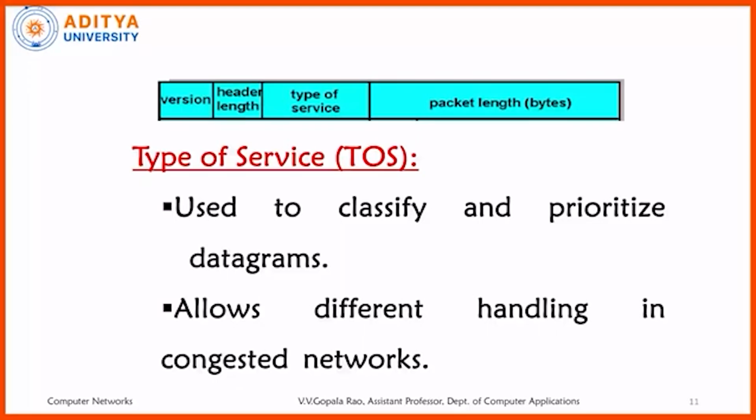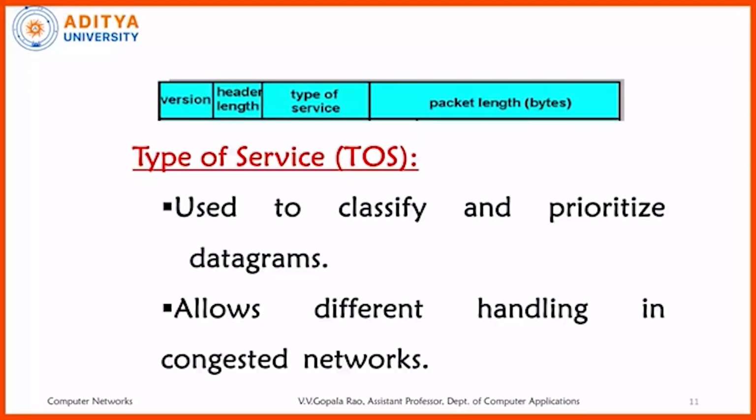Suppose you want to know, if I follow this particular IP version 4 frame, as far as the link and the frame are concerned, how far I am able to rely on it. That can be represented in the form of a type of service.